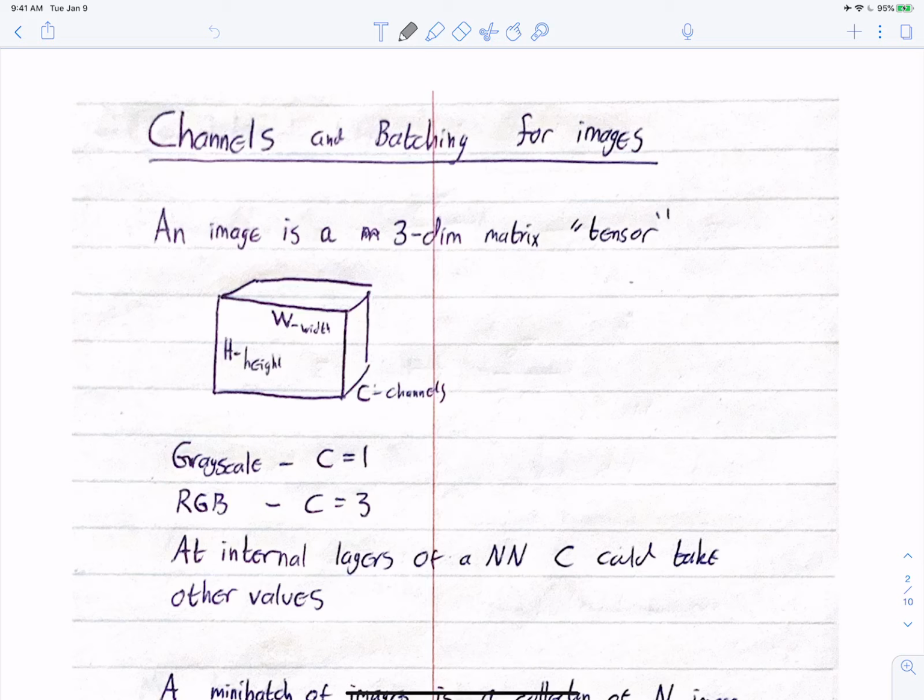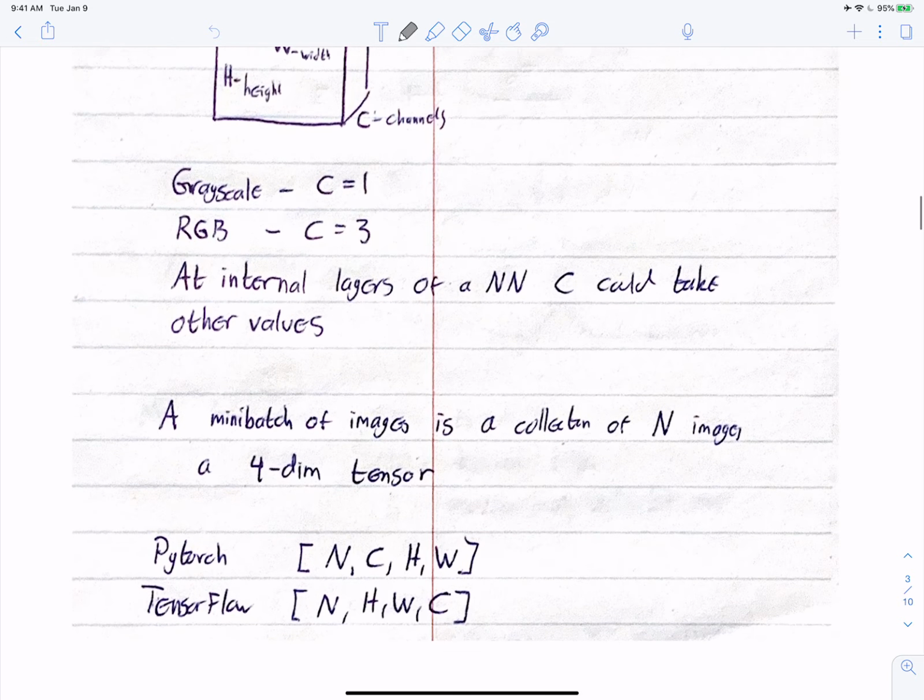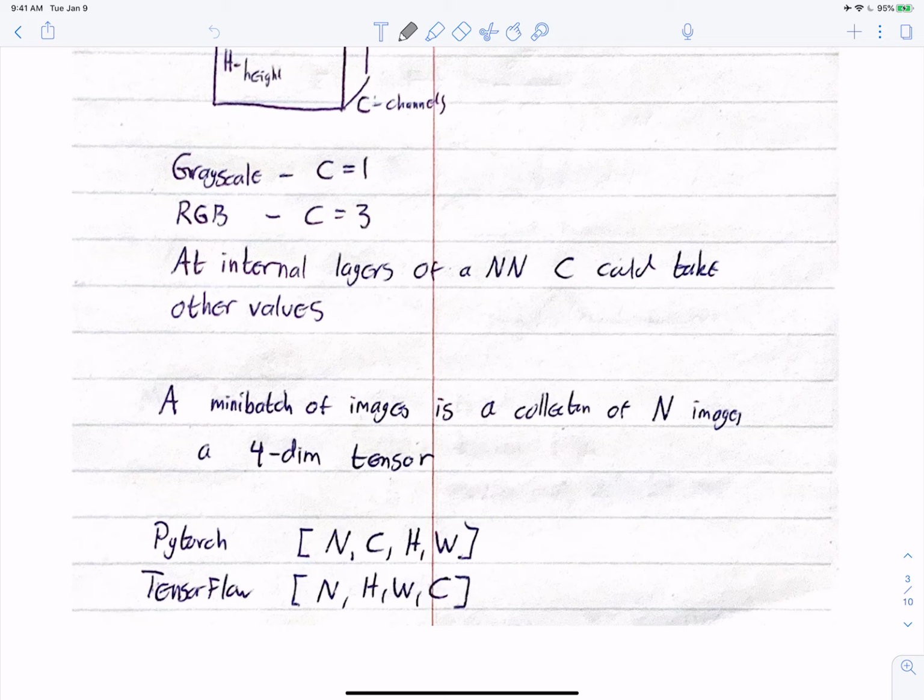Now, typically, we can't process all of our images all at once, and so we're going to operate on a batch of images. When you're coding in PyTorch or TensorFlow, you're going to give as input to a neural network a batch, sometimes called a mini batch. So what is a mini batch? Well, it's a collection of n images, which is to say it's a 4-dimensional tensor.